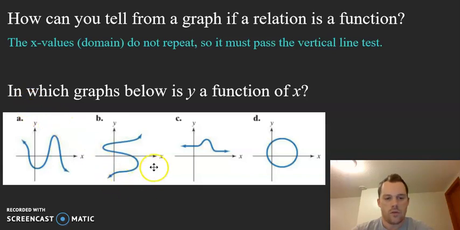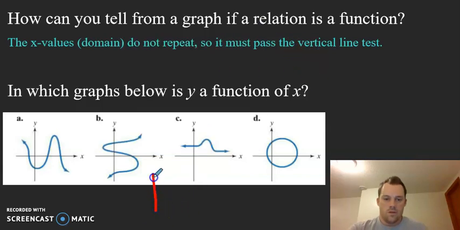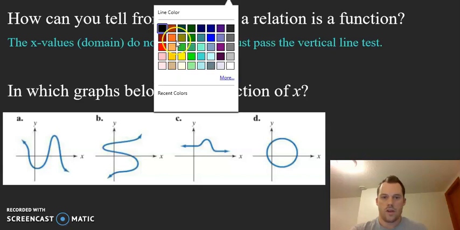And so if we take a look at graph B, let's say that x equals 1 is right here. Let's make a line. I'll do a straight line since I can't quite do one freehand.